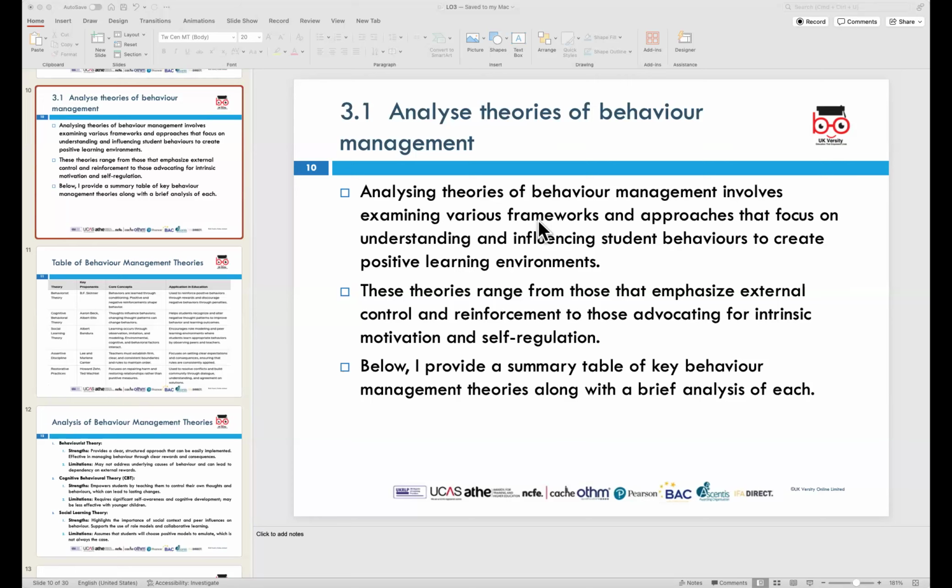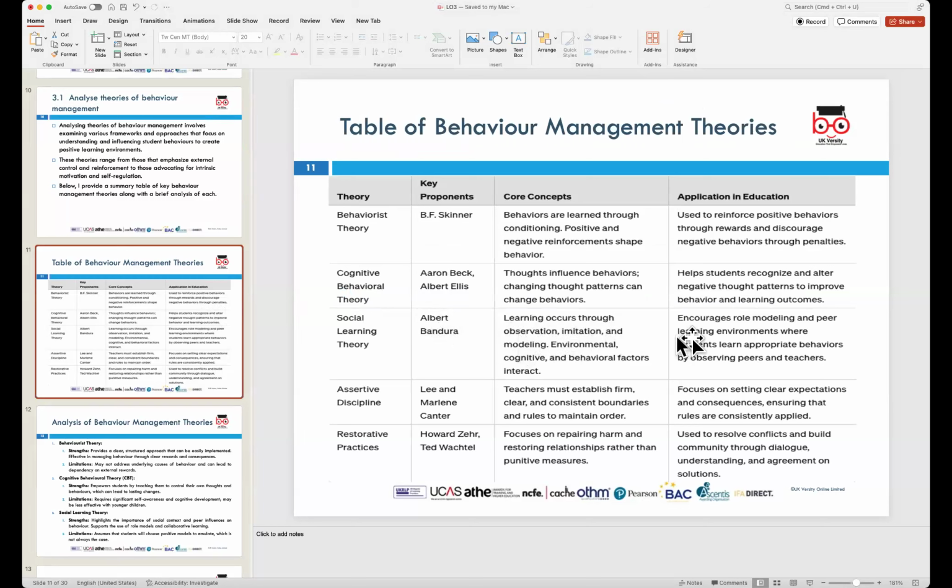Here you would relate to Bandura's theory, which basically says learning happens if you create an environment wherein children are able to work together, become friends with other children, and have a positive relationship or vibe between them, and that allows them to follow what others are doing, by observation, imitation, or modeling.